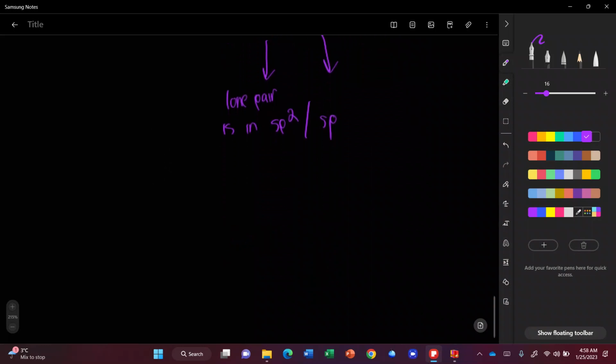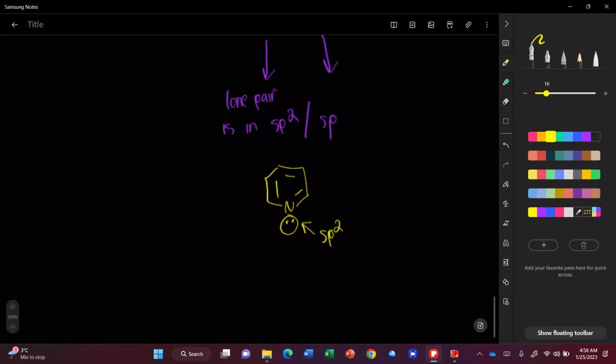Again, in a molecule of pyridine, the nitrogen is sp2 hybridized, but when you're sp2, you only have one p orbital left over, and that nitrogen already has a double bond. So this lone pair has to be in the sp2 orbital.